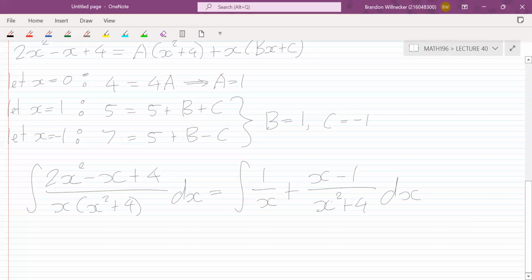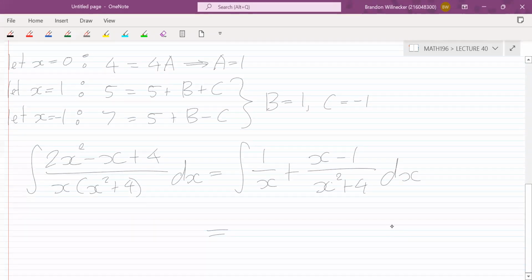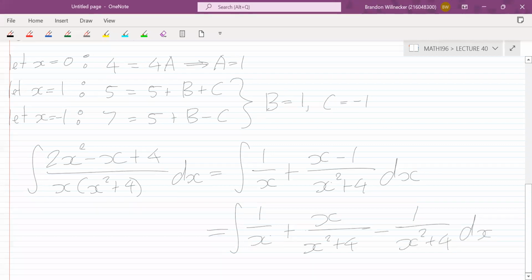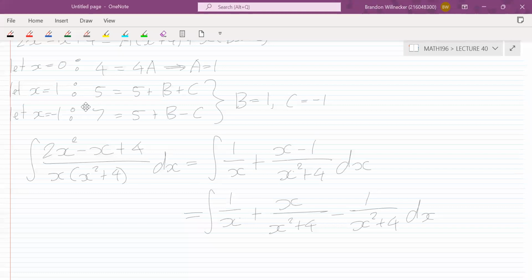So we want to figure this part out now. What do we do? Well, we can separate the second term out because we know what to do if it's in two parts. So this is 1 over x plus x over x squared plus 4 minus 1 over x squared plus 4. That's looking a lot nicer than what it was before.